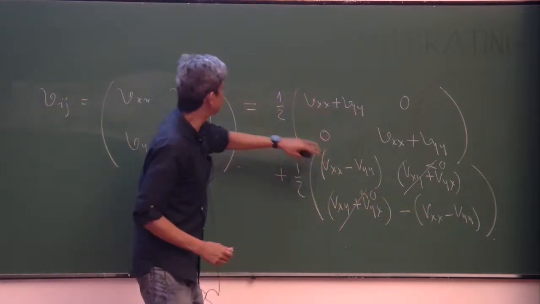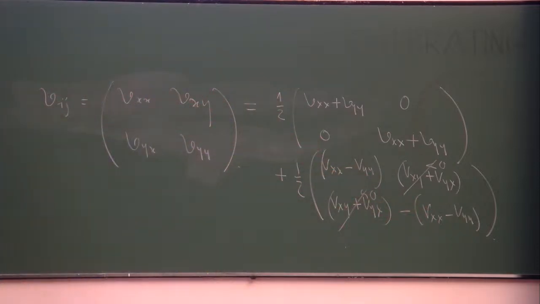So any matrix, you can decompose it into an isotropic contribution and an anisotropic contribution, which is like the traceless symmetric part. There is another contribution which for the moment I have ignored, because the main deformation is happening along the x direction, so we'll focus only on these components.